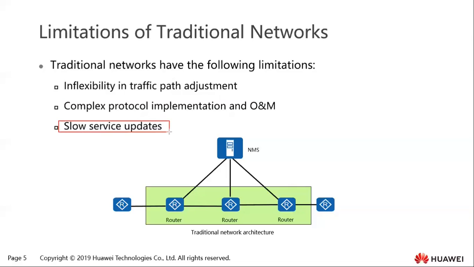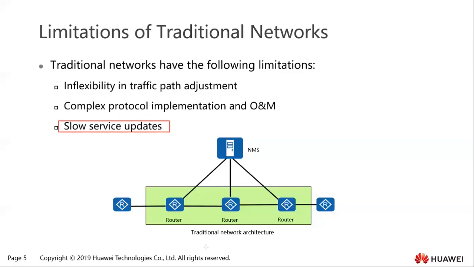The other one is slow service updates. On a traditional network, it can take a long time to deploy a new function. This is because the control planes of the network devices are closed, and devices from different vendors may be using, for example, different control mechanisms. So it's really a problem.